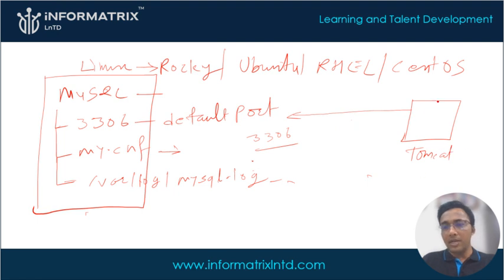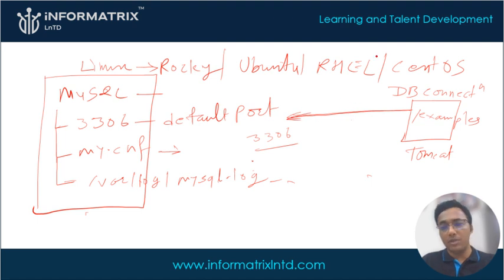On top of Tomcat we have deployed an application, like /example, which can be any project you are deploying in Java. Slash example is a kind of front end that wants to connect to the database to store data. Database connection properties are always mentioned somewhere in this file. So conceptually, database connection properties are written in the code, and according to them this application tries to connect to MySQL.